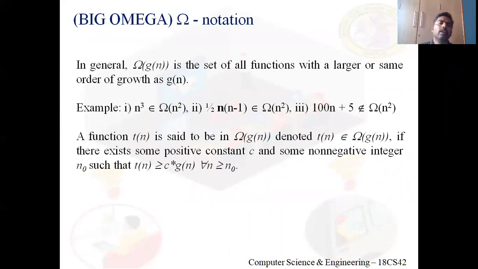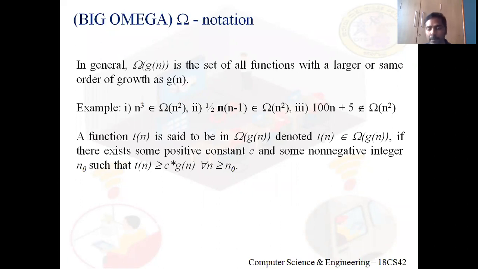Now big omega. Informally, let me tell you. Let me assume we have some functions: linear, quadratic, cubic. Assume we have just two functions, cubic and quadratic.